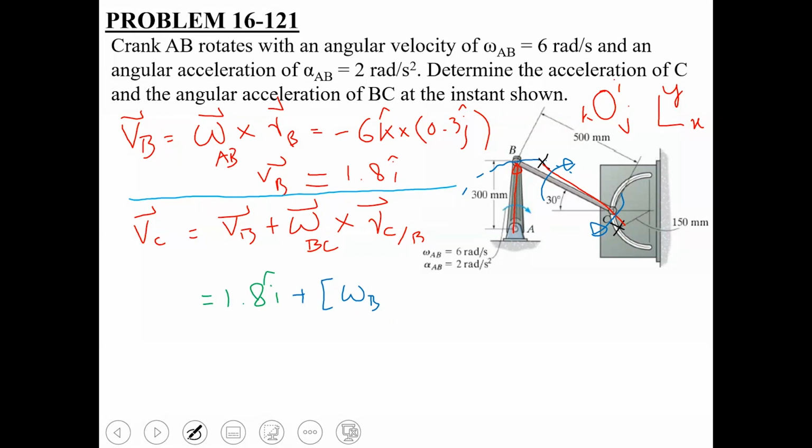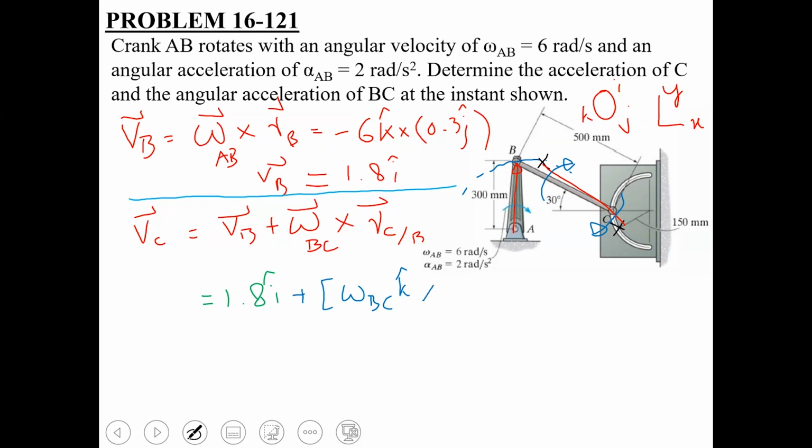Although it looks to me like it is clockwise, let us assume it in a counterclockwise direction and let us solve it. If its sign comes out to be positive, the assumption is correct. If the sign comes out negative, I will reverse my assumption. Is this point clear to all of you? Although it looks clockwise to me, just for understanding, I am assuming it counterclockwise. Okay? Okay, sir.